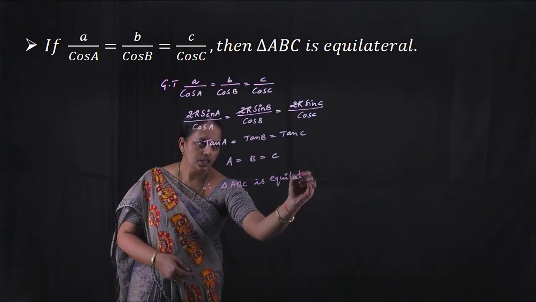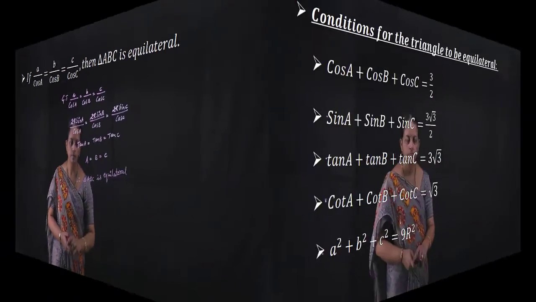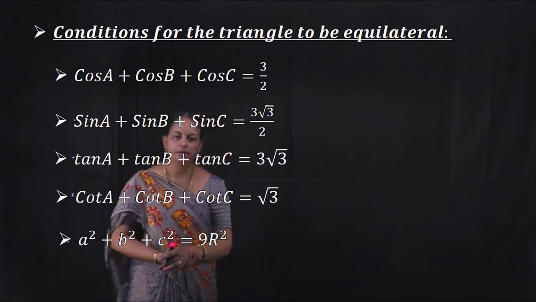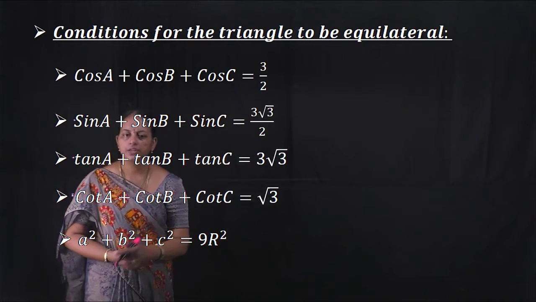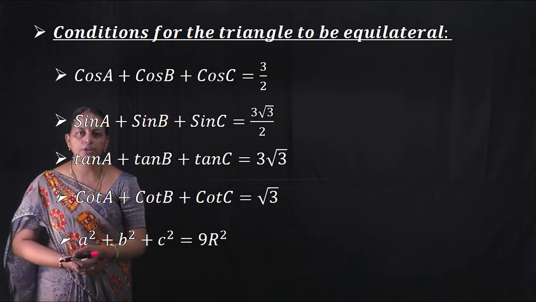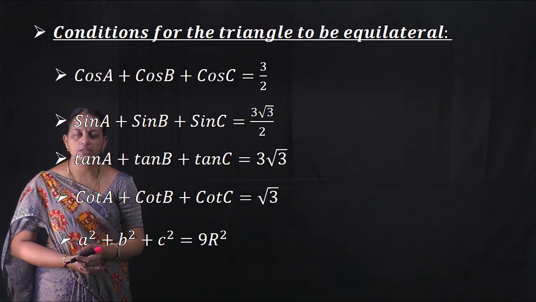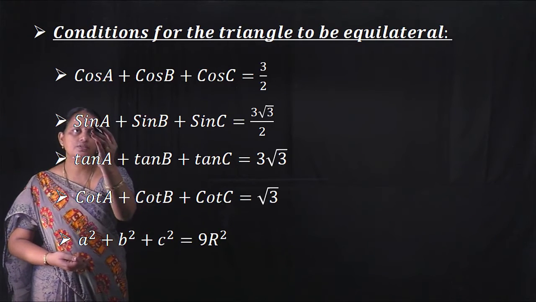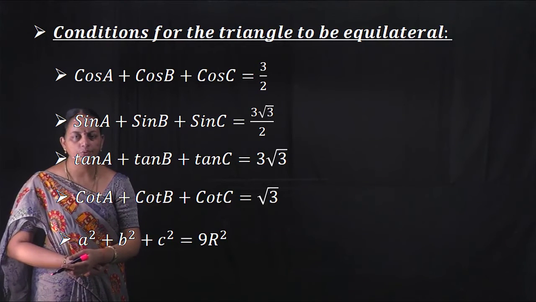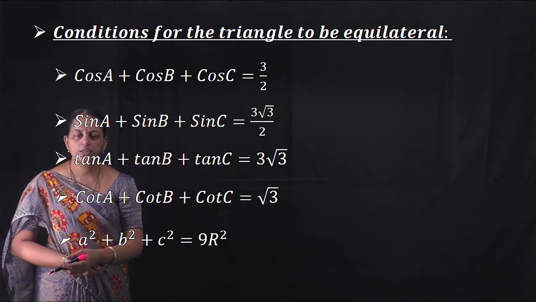Now, let me recall some conditions for the triangle to be equilateral. First one is cos A plus cos B plus cos C is equal to 3 by 2, then the triangle ABC is equilateral. And the second one is sin A plus sin B plus sin C is equal to 3 root 3 by 2, then the triangle ABC is equilateral.